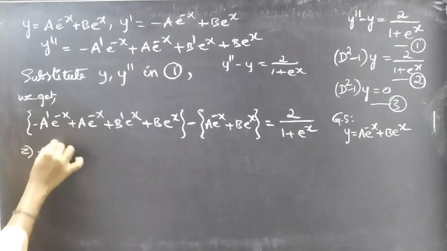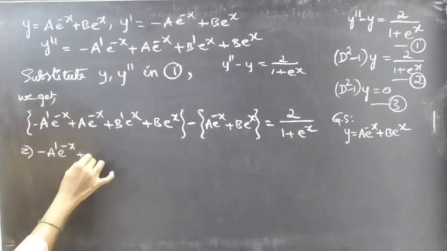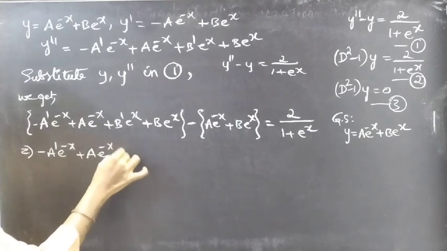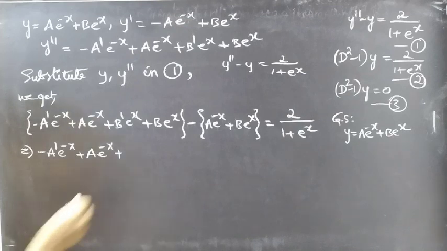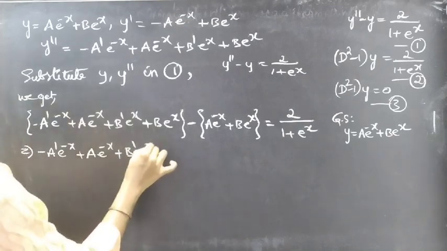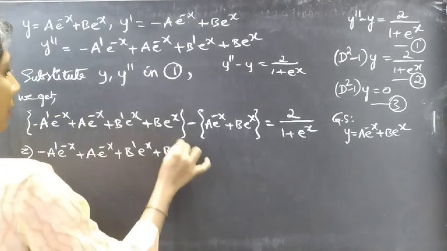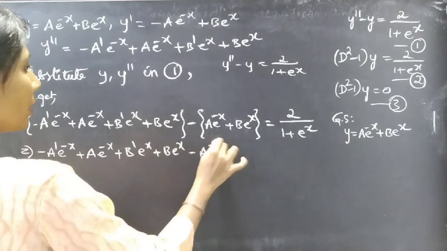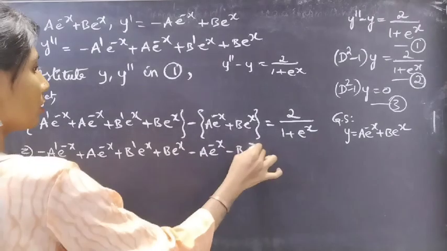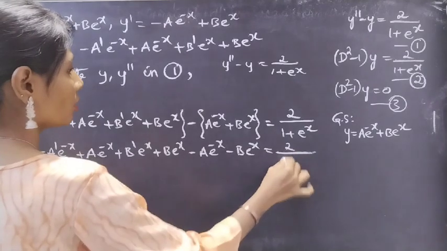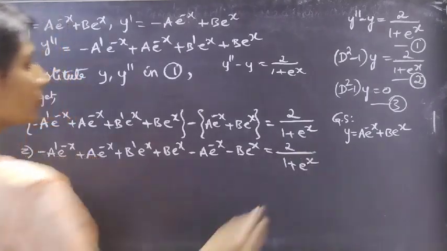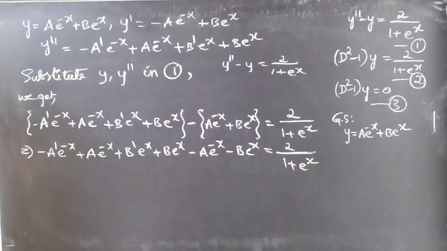Then minus a dash e power minus x plus a e power minus x plus b dash e power x plus b e power x minus a e power minus x minus b e power x equals 2 by 1 plus e power x.